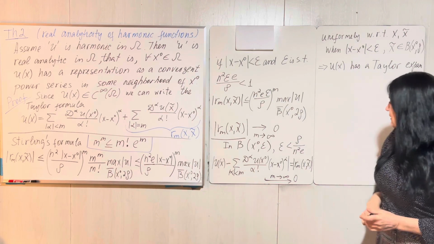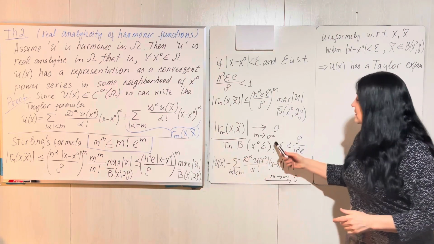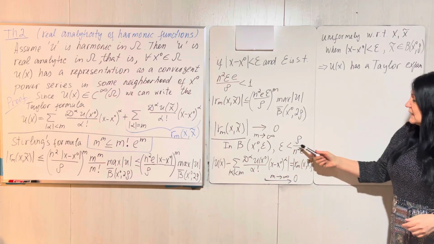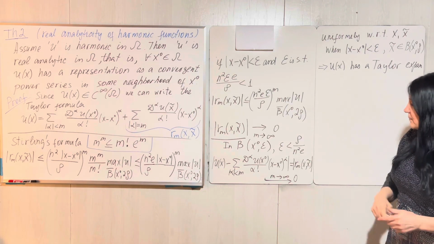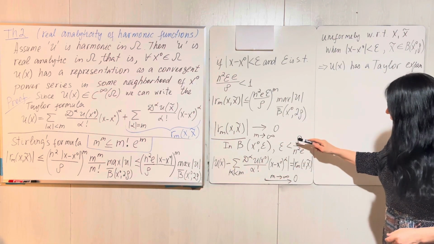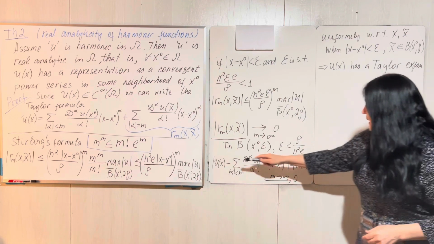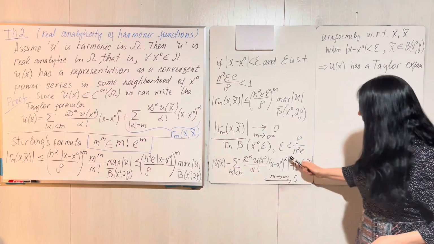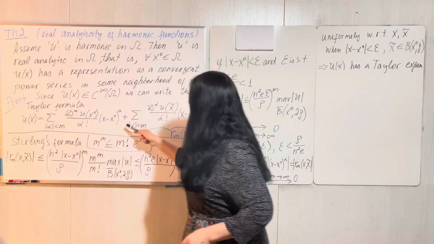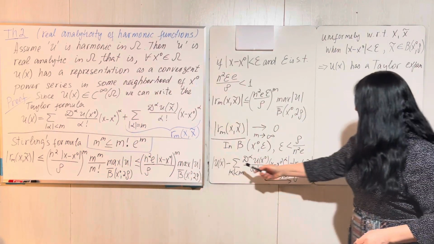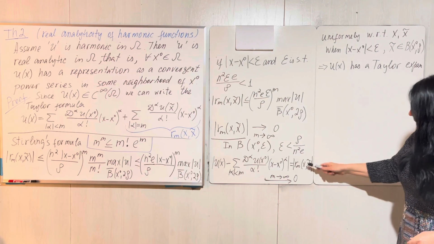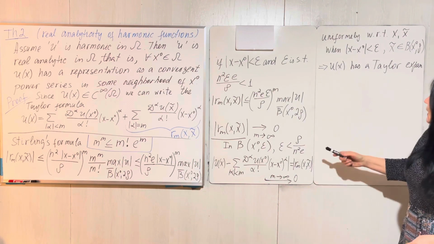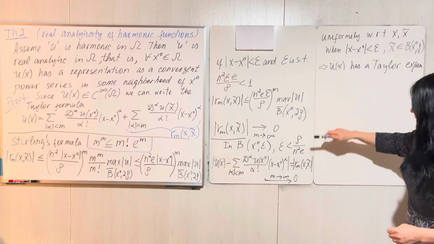So we can just say it again, that if we look at the ball centered at x naught with radius epsilon, when epsilon is less than rho over n squared e, then if we find the difference between our function u of x and this part of the Taylor series, it would obviously be equal to the remainder, and the remainder goes to 0 as m approaches infinity uniformly with respect to x and x tilde.